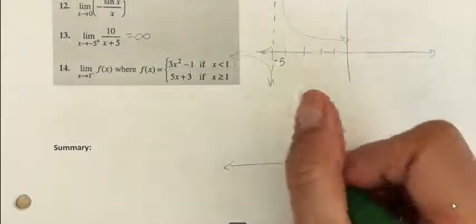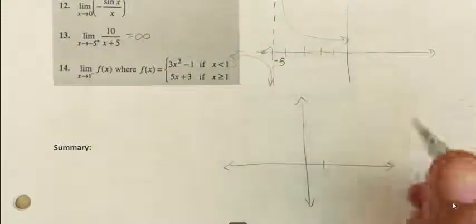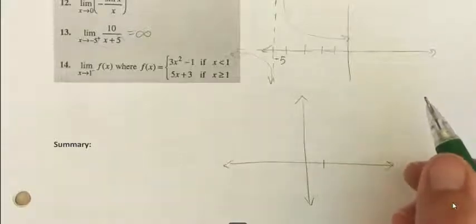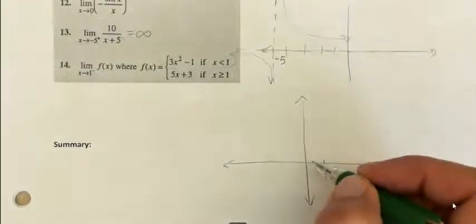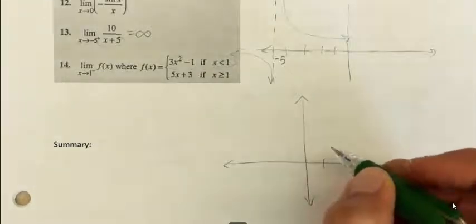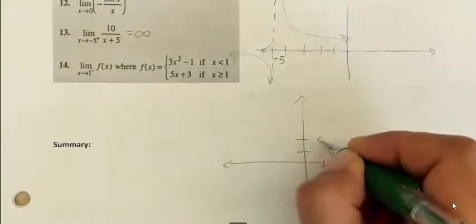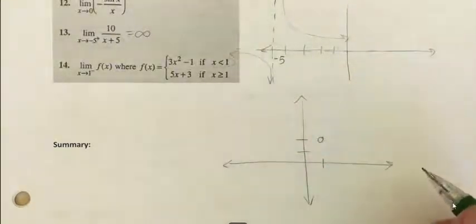So at 1, let's see, unfortunately I have to think about what this parabola looks like. So at 1 it's going to be 2, but that's undefined, or that's not, there's a hole there.